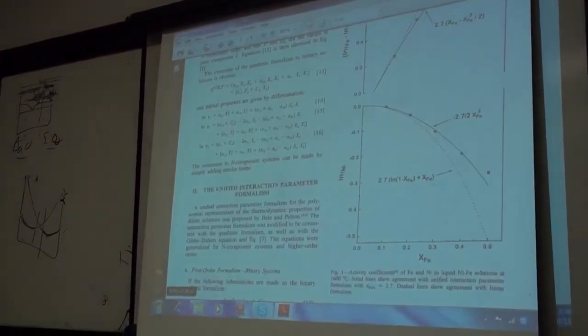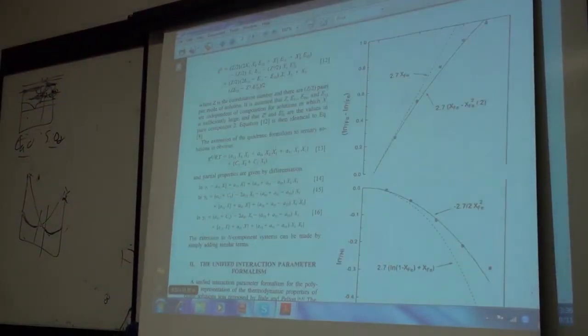So you might want to read page 1 of this. You don't need to read equations 13 to 16 for the ternary, and then read it up to the end of part A here, the unified interaction.